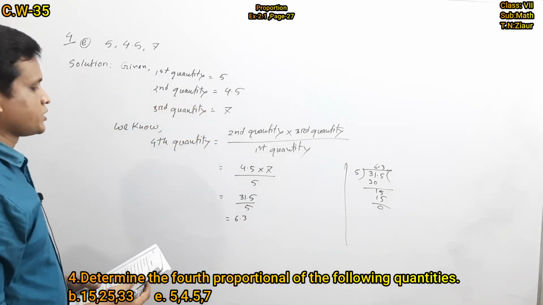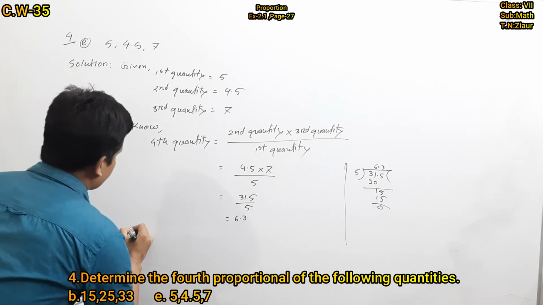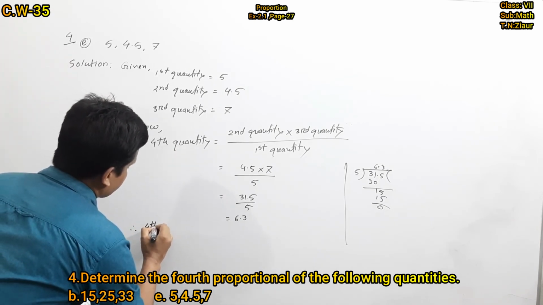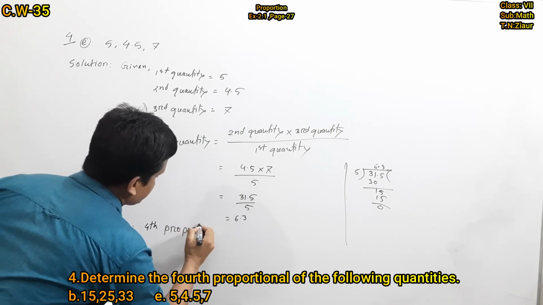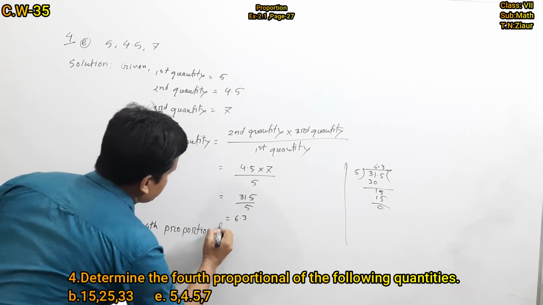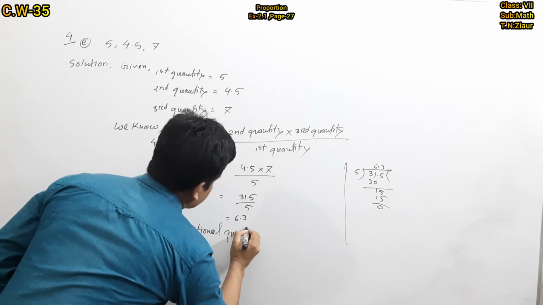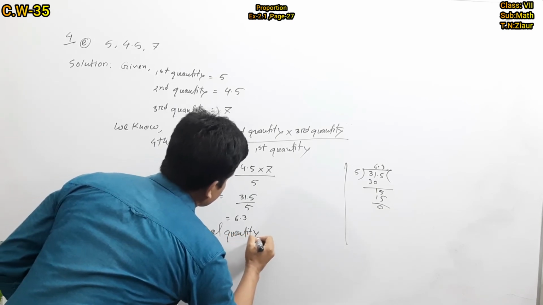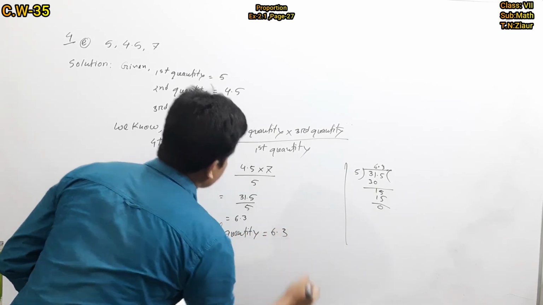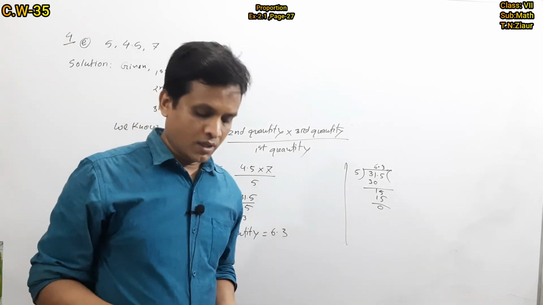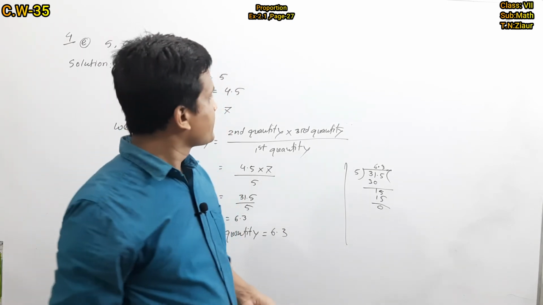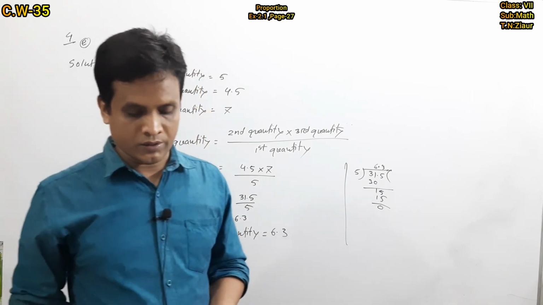Okay, the fourth quantity is 6.3, so we can write the fourth proportional quantity is equal to 6.3. Okay students, have you understood this one? I hope you understood this. Okay, practice more at your home.